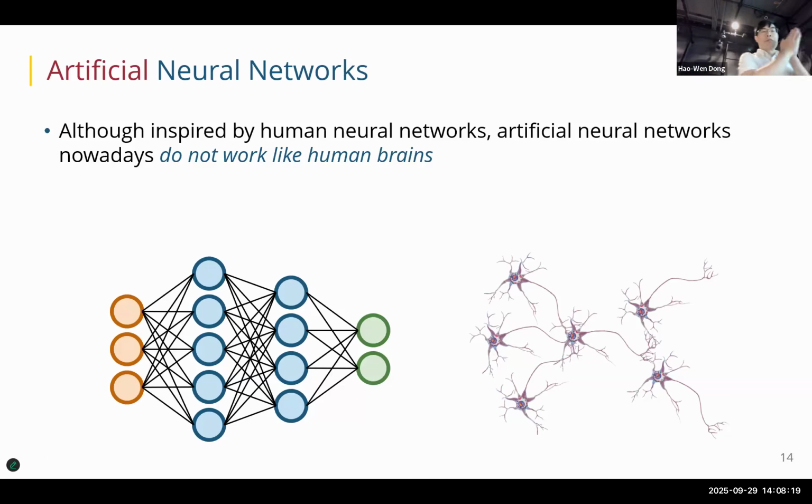Artificial neural networks are different from human neural networks in that we build them layer by layer, as you can see here. For human brains, even though we have some evidence that there are some layers, most likely there are a lot of loops and different structures.